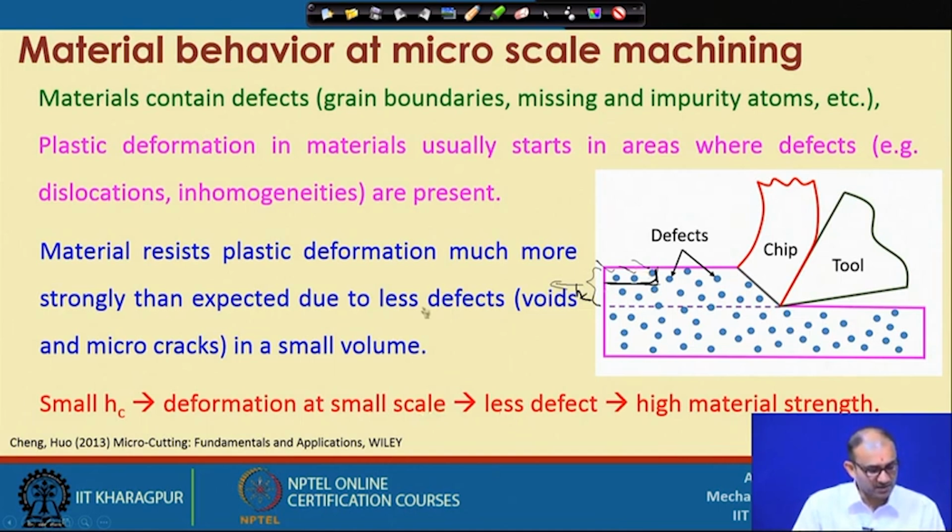And when deformation is at small scale, the tool will encounter fewer defects, and that is the problem with material removal. Because of that you end up with high material strength, because the material will behave like a more ideal material without any defects, and that is the reason you get a very high strength of the material in micro scale machining.